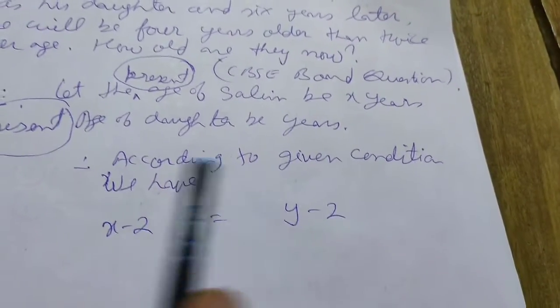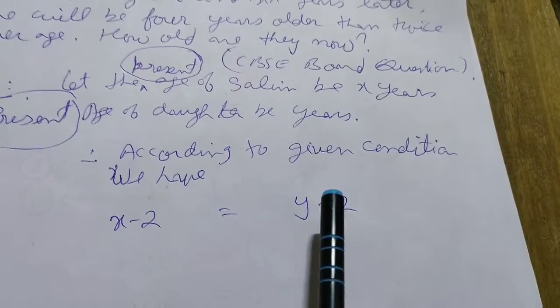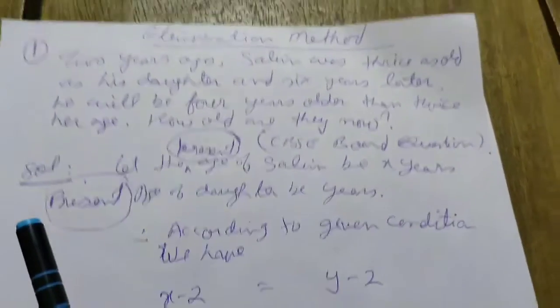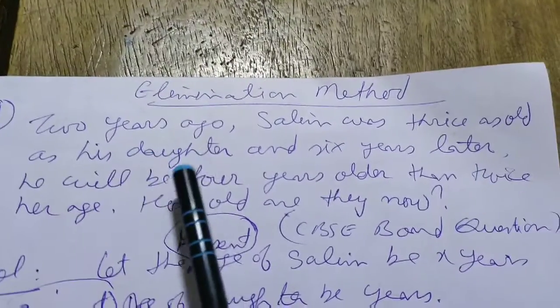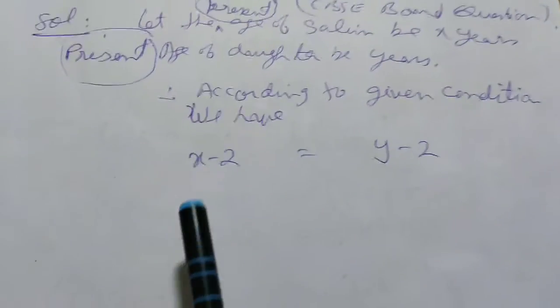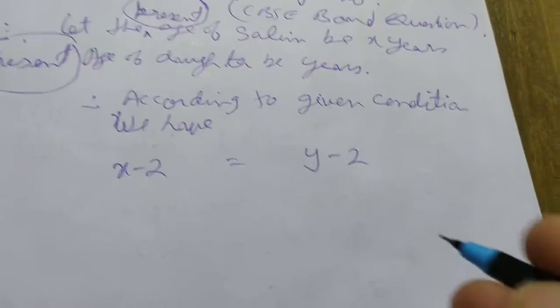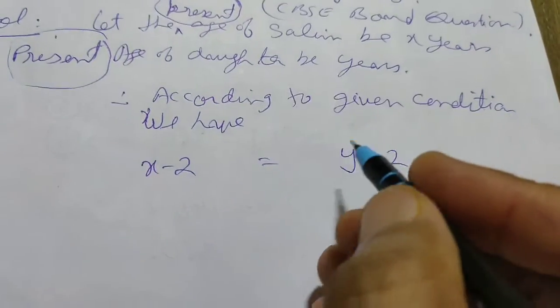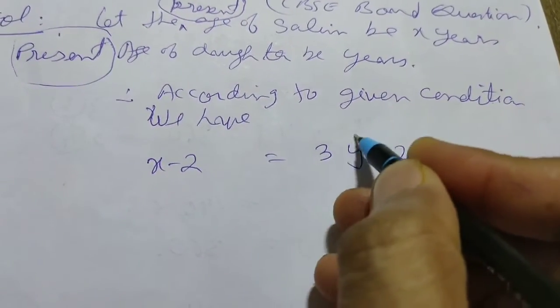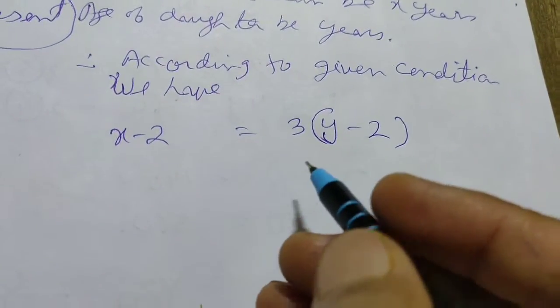Definitely this equation is not correct, because age of father cannot be equal to the age of daughter. But the correct relation is given to us. What is that? 2 years ago Salim was thrice as old as his daughter. So this is the age of Salim, and he was 3 times the age of his daughter. So 3 into, and keep this whole in bracket, 3 into y minus 2. So this is condition number 1.